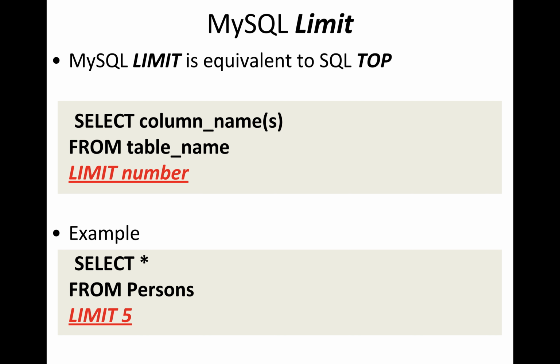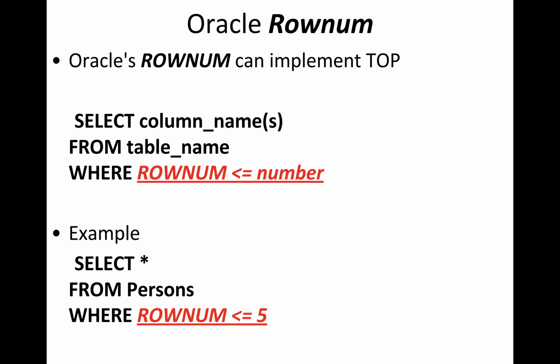In Oracle, Oracle does not have a limit. Instead, what it has is a somewhat equivalent way of doing this with Rownum. Although Rownum is a little bit less powerful than limit.